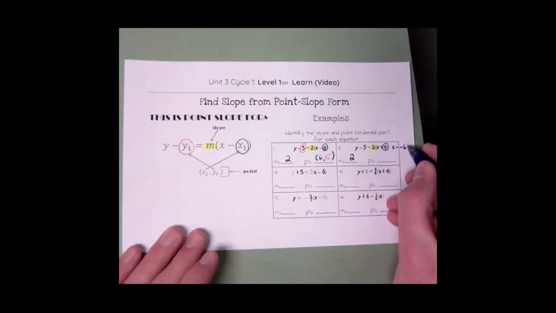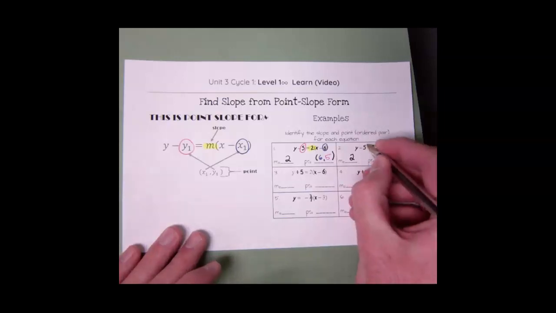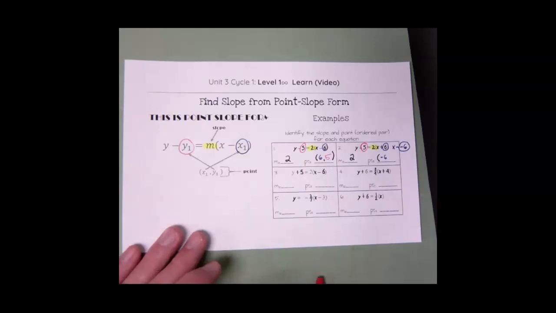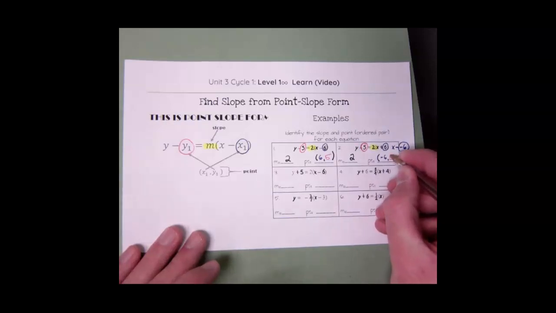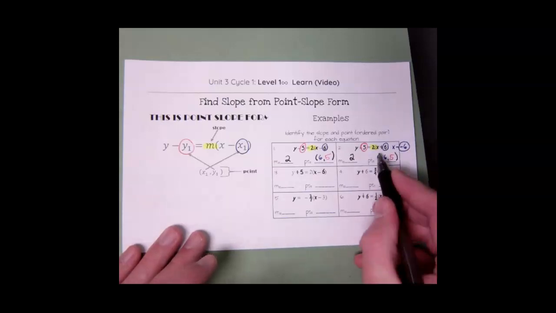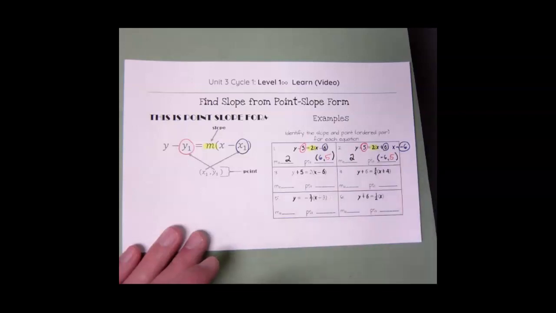So my number is actually negative 6. Okay? So my point here, my x value would be negative 6. And then my y value would be 5. Just like we did over here, my y value is still 5. Okay, so negative 6, 5. So all that changed from 1 to 2 is the fact that I had x plus 6. So it changed my x value to negative 6. Okay, it's going to be backwards from what you think.